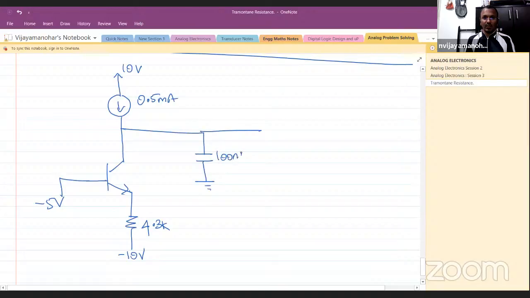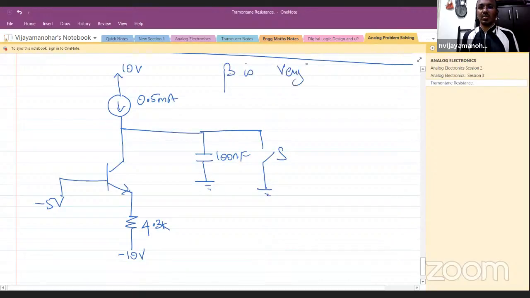This is 100 nanofarad. We have a switch. So beta is very large. VBE on is 0.7 volt. VCE sat is 0.7 volt.